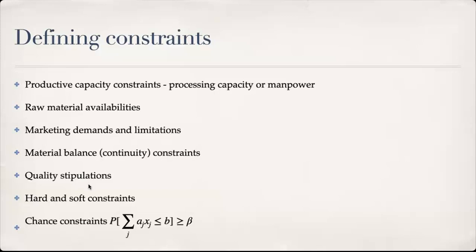The next thing is quality. Quality stipulations. For example, you produce ethanol, and the purity of your ethanol must be greater than 99.9 something, and the rest, 0.01%, it can be anything.